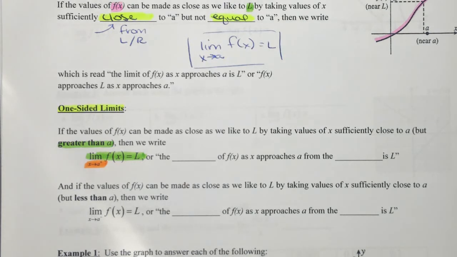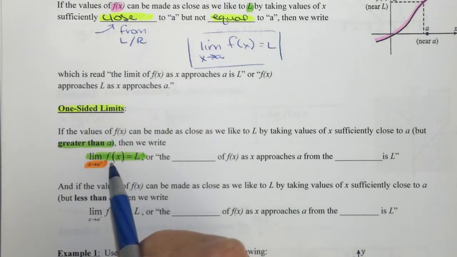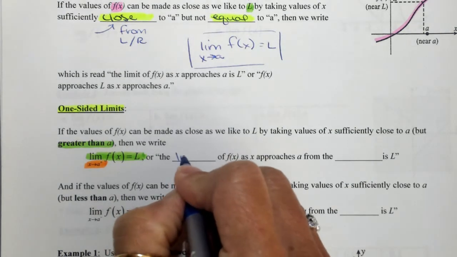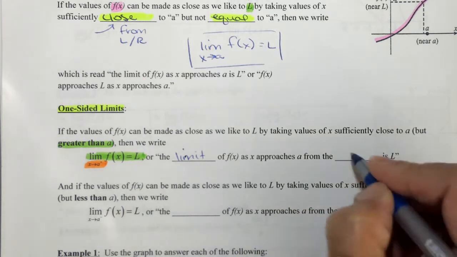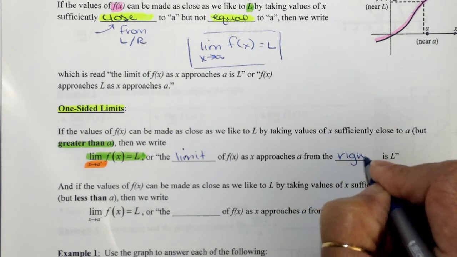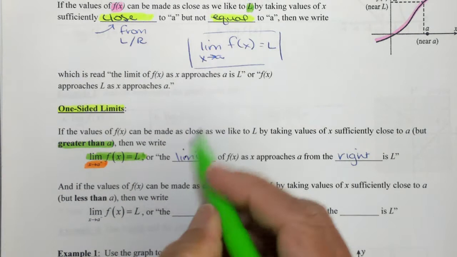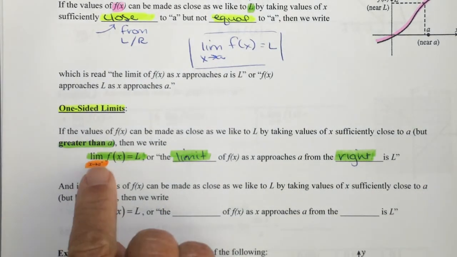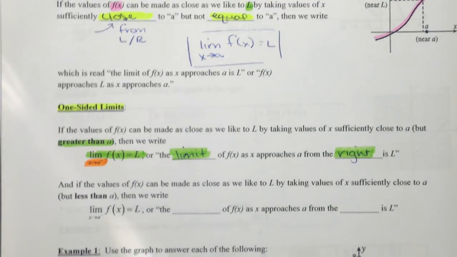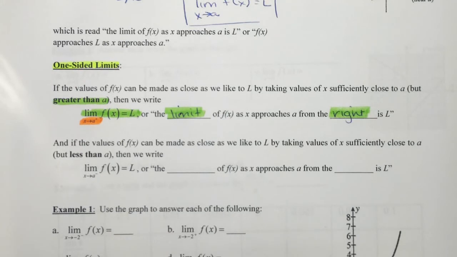That exponent is a plus, which means we are evaluating the limit of f of x as x approaches a from the right is equal to some given value L. So we're looking at this limit as we're approaching from the right because this has an exponent that's a plus. And then the values of f of x can be made as close as we like to L by taking values of x sufficiently close to a, but now we're looking at less than.